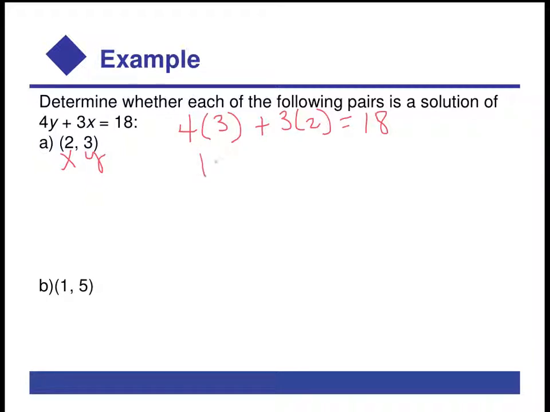So I have 12 plus 6 equals 18. 18 equals 18. So this is true. So this ordered pair would be yes. It is a solution.